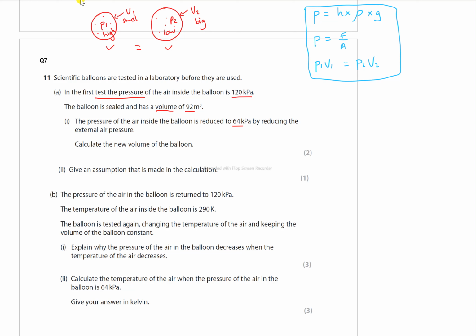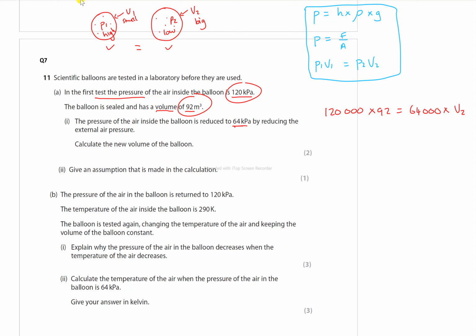So what they're saying is, they've given us that and that. So 120 kilopascals times 92 must equal 64 kilopascals times V2. How do we do this?